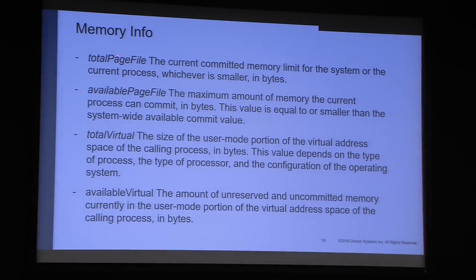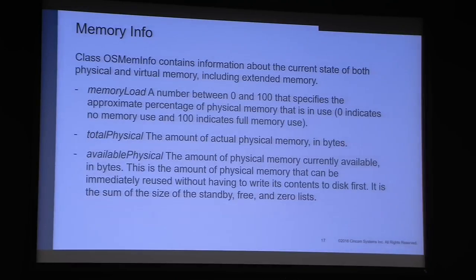It also tells you about the page file, what's available in the page file, total virtual memory and the available virtual memory. All of that data is in bytes, except the last one, the memory load, which is a percentage.